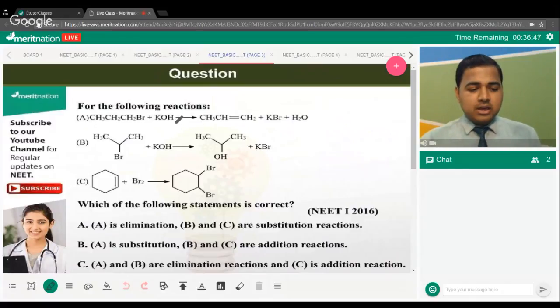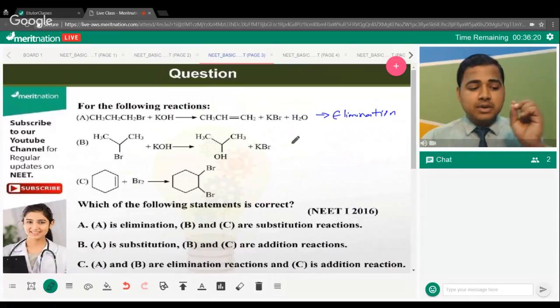Still, you definitely have to identify which kind of reaction is possible, because if all the things were present, identifying the reaction would be very easy. Right now it is forming an alkene, so it is a kind of elimination reaction. It means bromine is removing and hydrogen is removing.